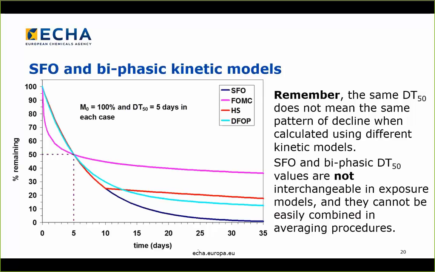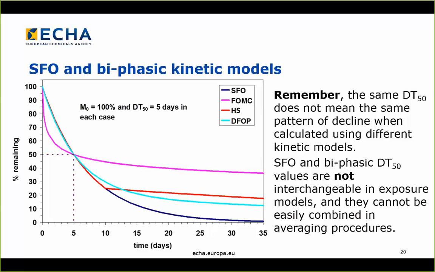Not only are they not interchangeable in the exposure models, they also can't easily be combined in averaging procedures. When we have quite large data sets and our guidance tells us that we should put an average degradation rate into our exposure model, it's also not that easy to average mixtures of SFO and biphasic kinetics.